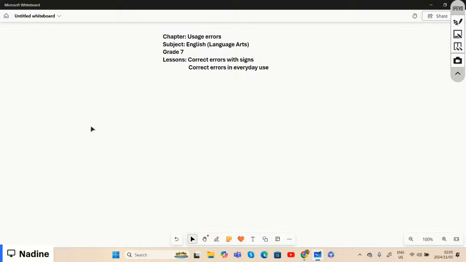All right. And when it comes to usage errors, we can basically say it is like a grammatical error, either within a sign or within a text or within a context, or a grammatical error within a term.